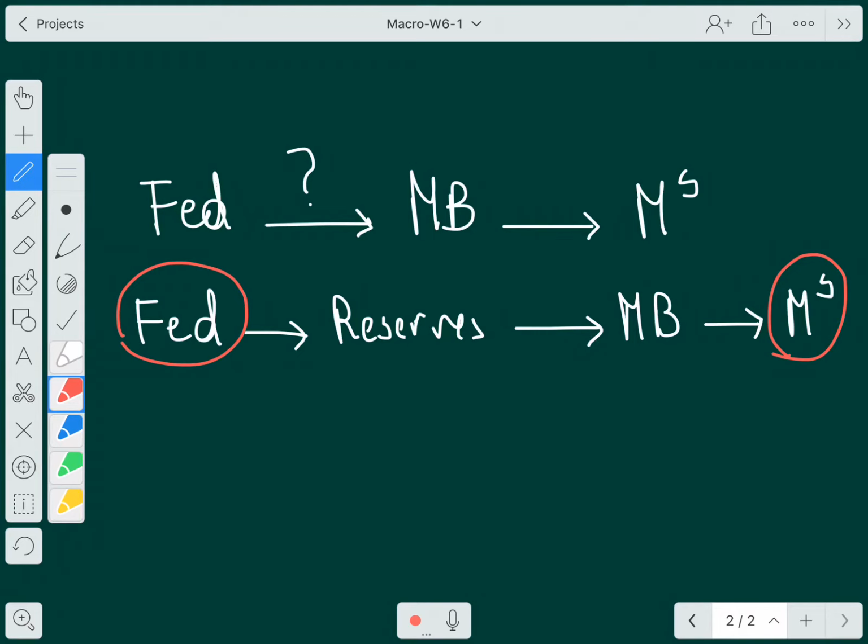The next question is how the Fed can affect reserves. You know that banks have a balance sheet and the banks are supposed to hold a certain amount of their deposits as reserves, which we call the required reserve ratio.